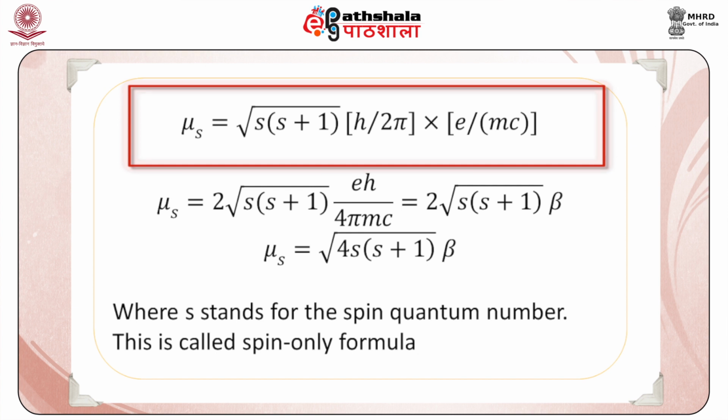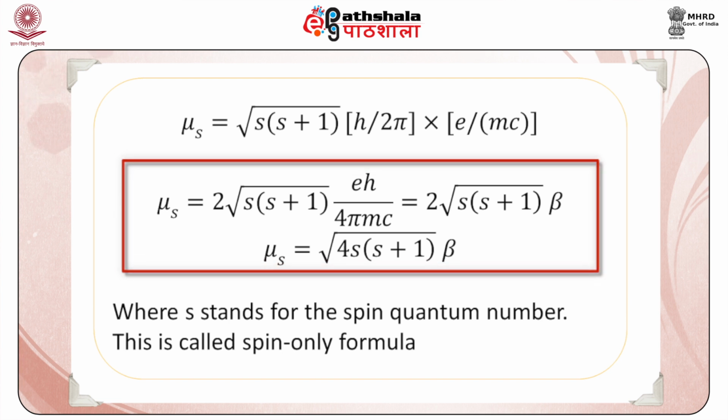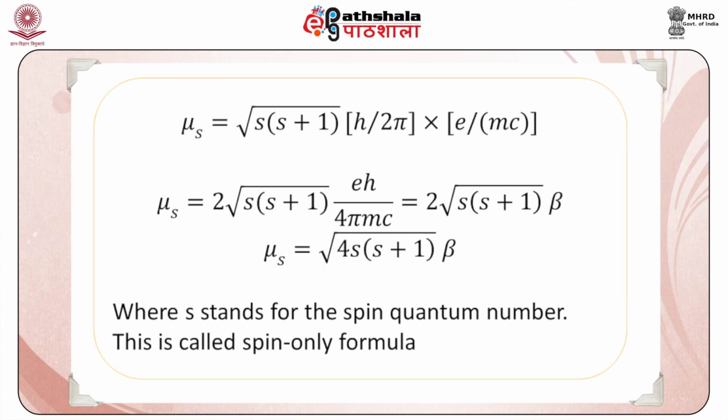Mu s is equal to square root of s into s plus 1, into h upon 2 pi, into e upon mc, and becomes mu s equals 2 square root of s into s plus 1, into eh upon 4 pi mc, which becomes equal to 2 square root of s into s plus 1, into beta, where s stands for the spin quantum number.